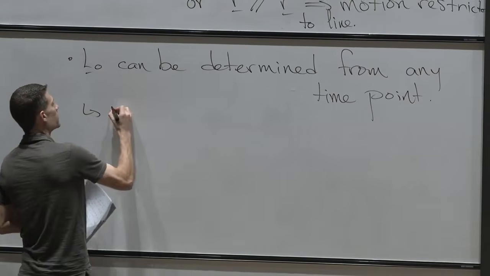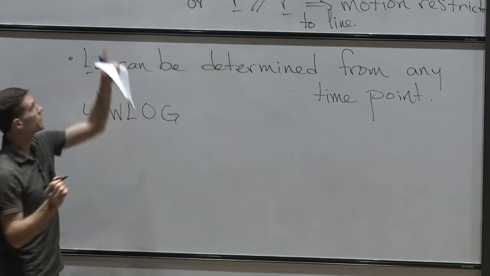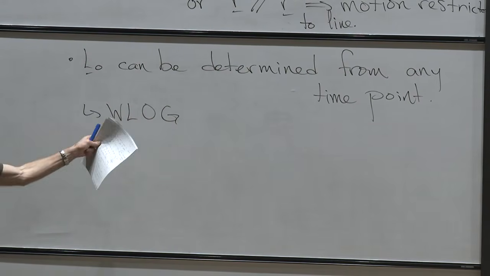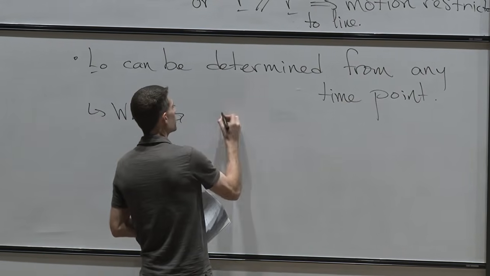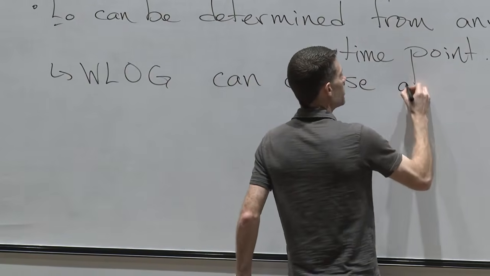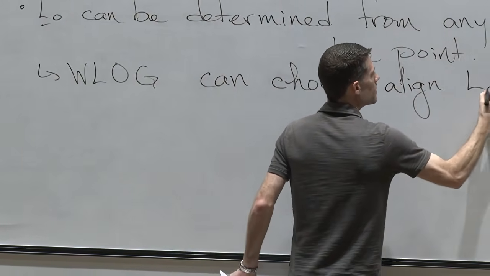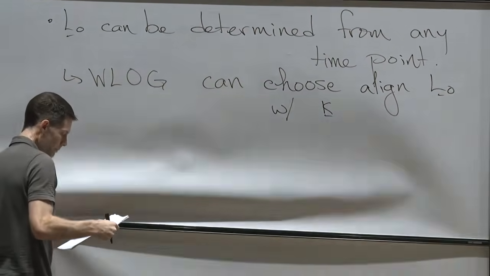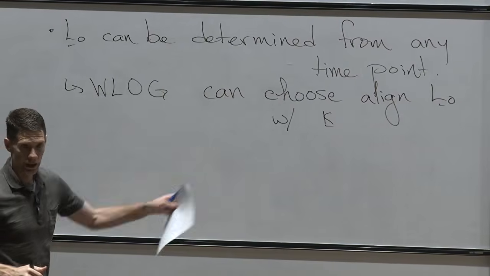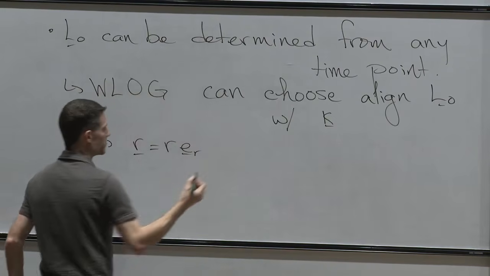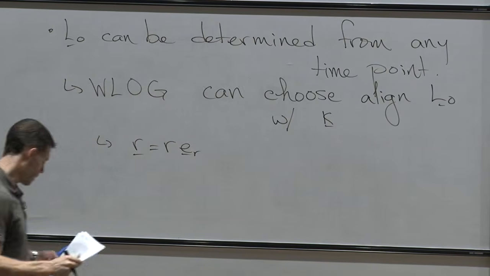Without loss of generality, if we want to connect to the upper bit of the board where we're doing planar polar coordinates, I can choose L0 to be aligned with K, the Z-axis, which means that I can describe the motion as we've done above, r equals r er.